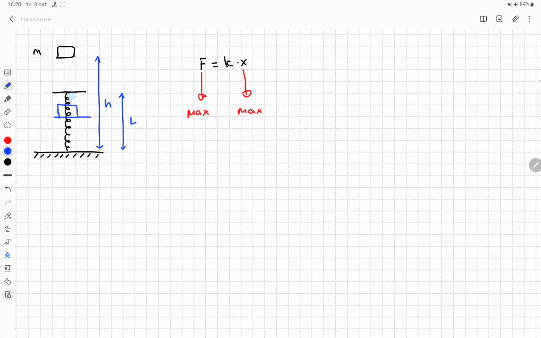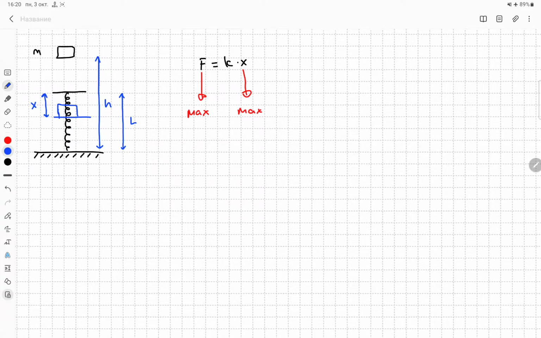Velocity increases till it hits the spring. Here velocity decreases because we have a spring force upward, and the velocity will decrease and will be equal to zero after some point. And at this point, force will be maximum. So basically this x is this compression.